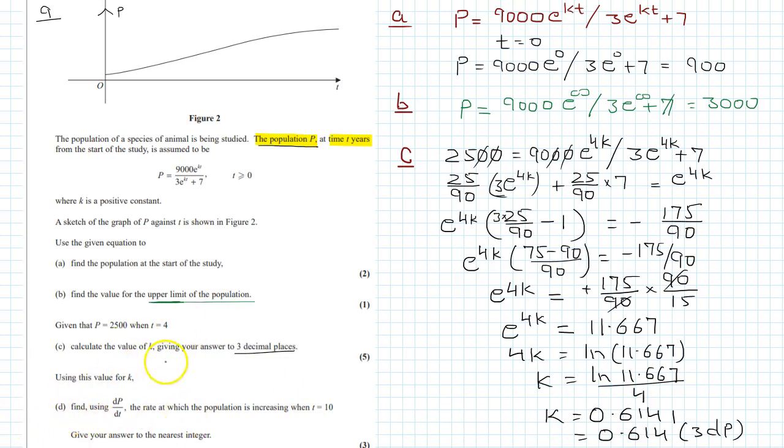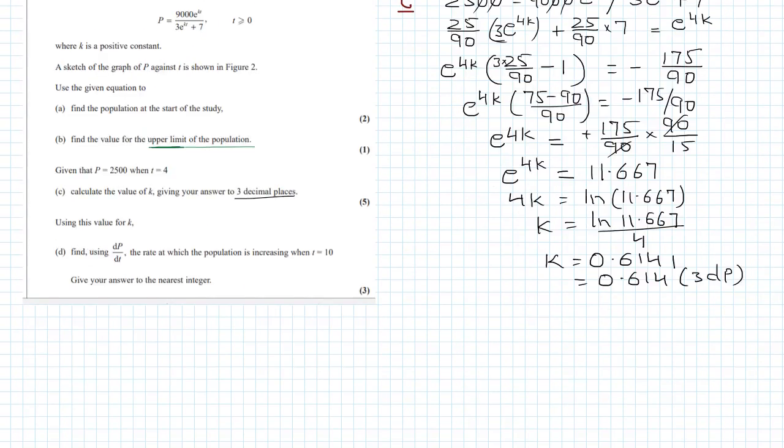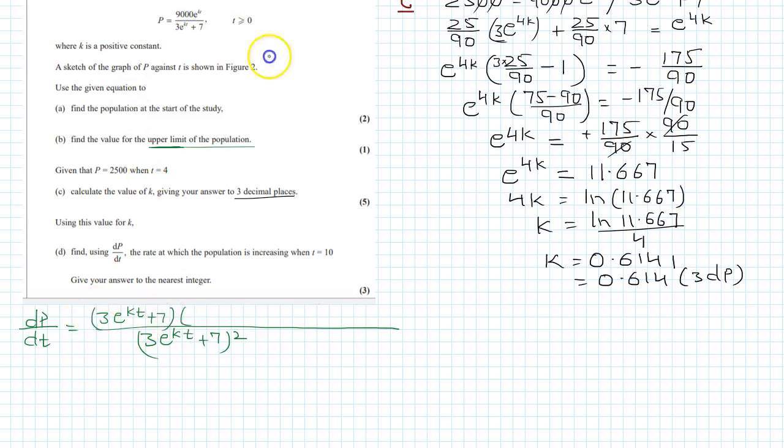Part D. Using dp over dt. So we have to differentiate this. dp over dt will be over 3 e to the power kt plus 7 squared. Now the numerator: 3 e to the power kt plus 7 times the differential of 9000 e to the power kt.